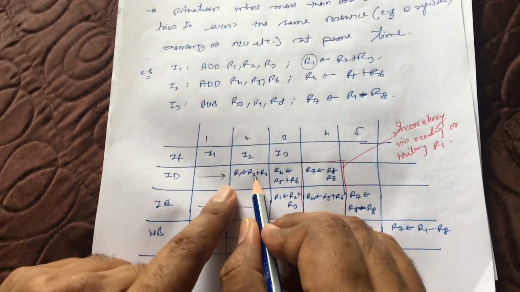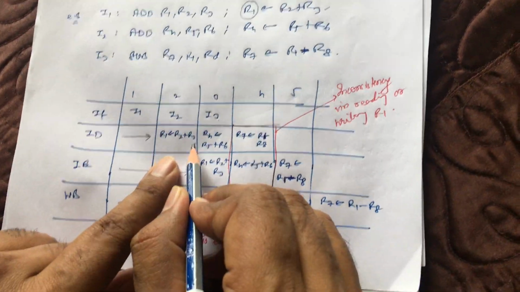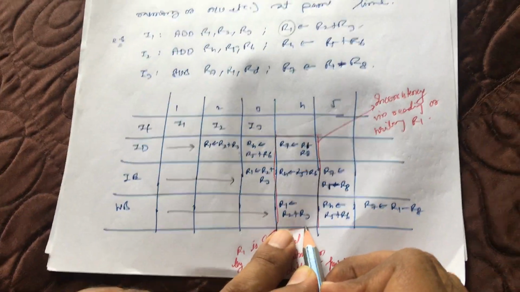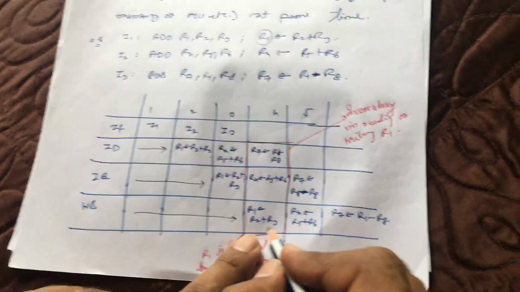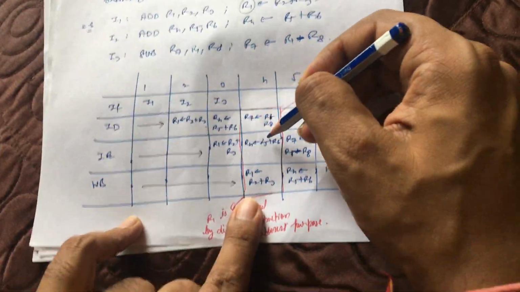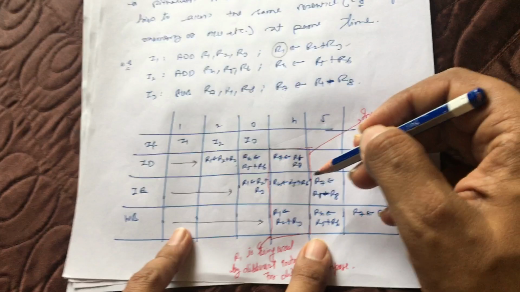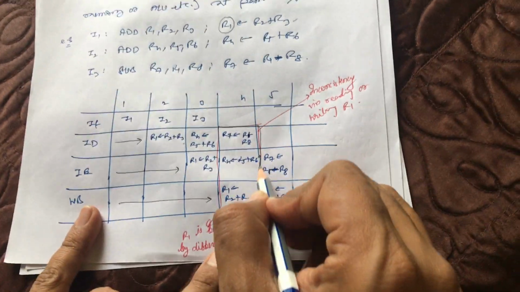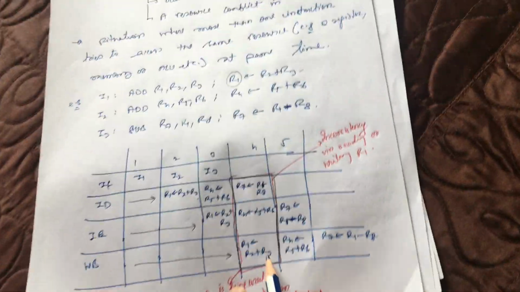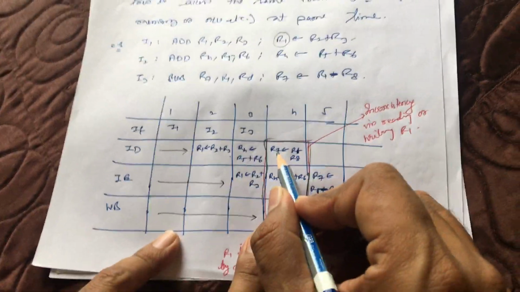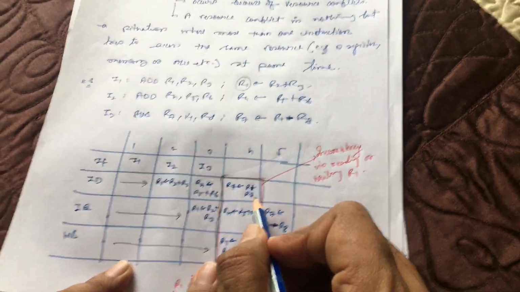R1 is the sum of R2 plus R3, and in the second cycle it gets executed, and in the third cycle it goes into memory. The second instruction will be here, then here, and then here, and the third instruction likewise. So if I note down this particular cycle, R1 has changed to R2 plus R3, but here we are going to find the subtraction R7 equals R1 minus R8.